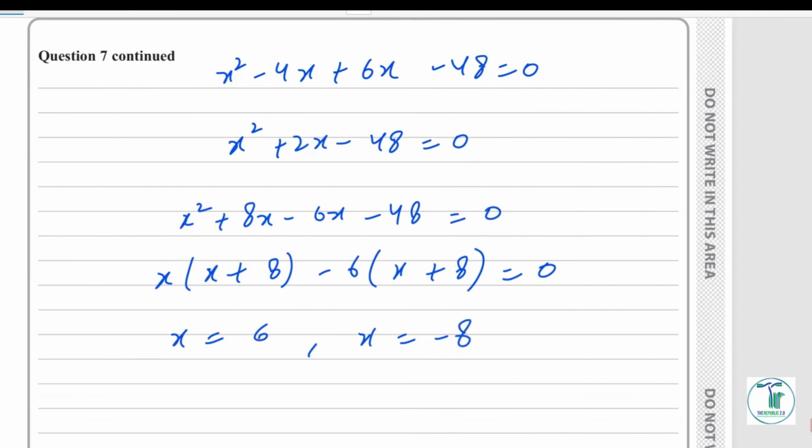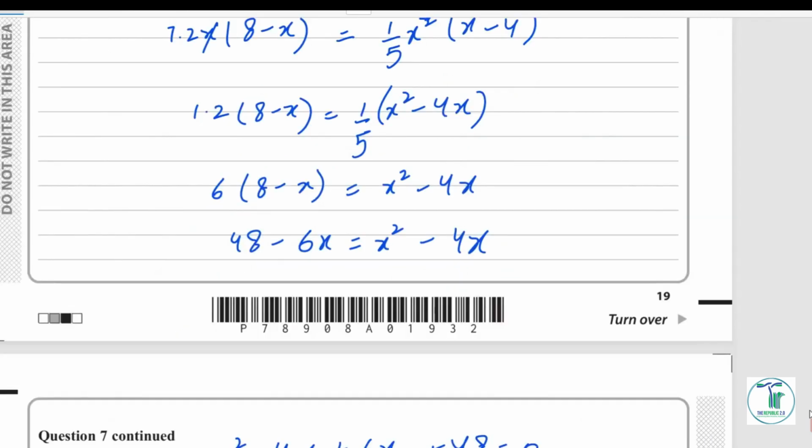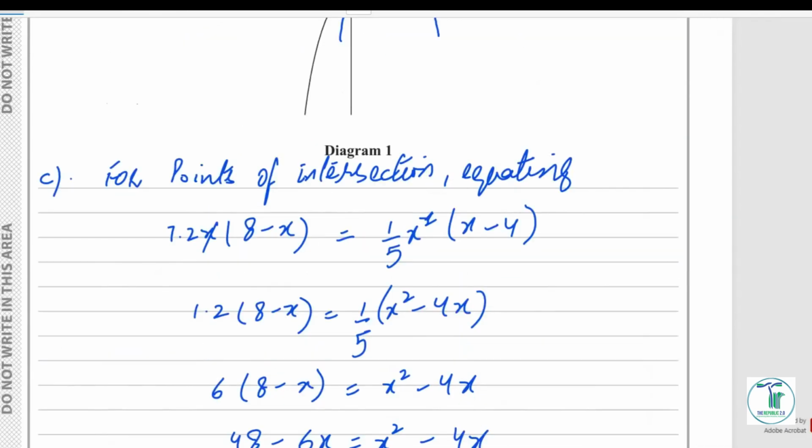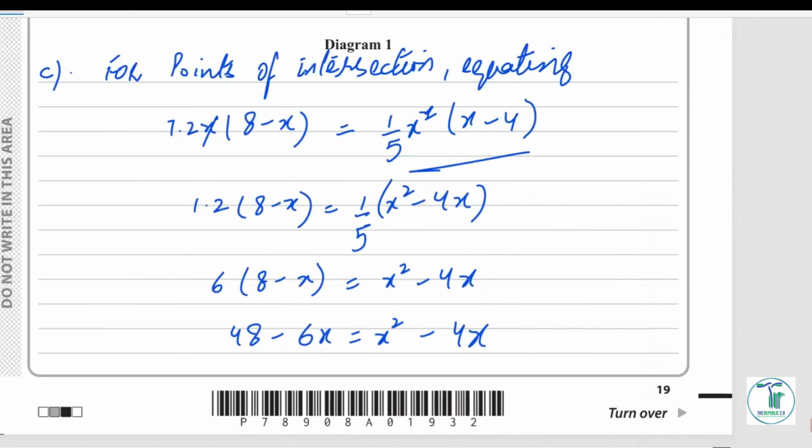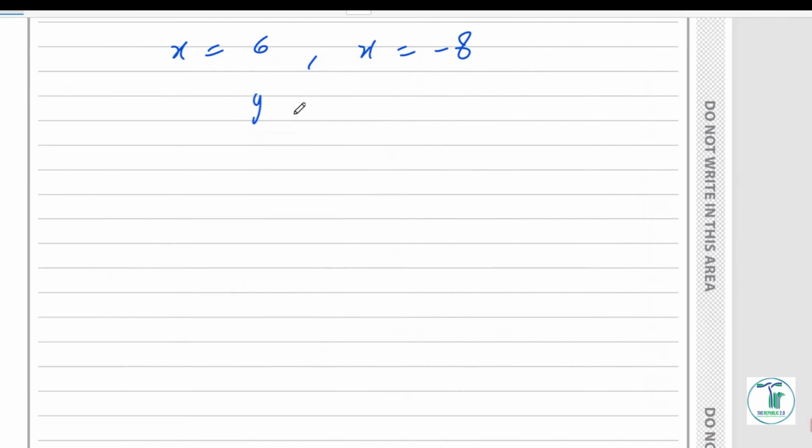And once you've got these x coordinates, you can plug them into any one of these equations. I'll probably be using this one, right? Since y was equal to 1 by 5 x squared times (x minus 4), I'm going to plug both of these values into this equation.